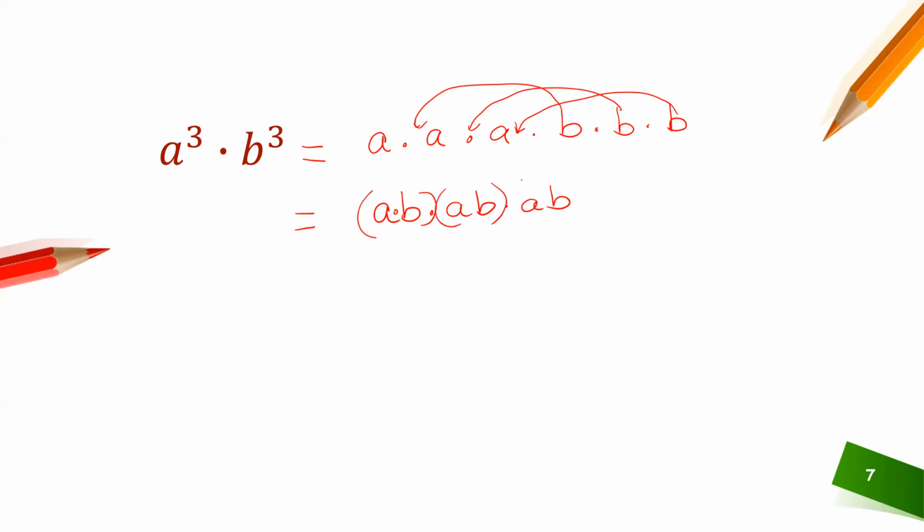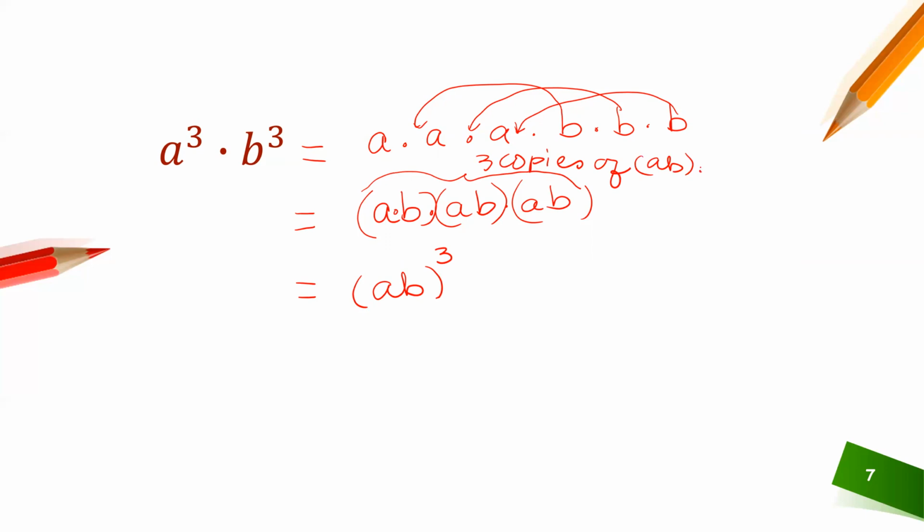I have now 3 copies of ab, a times b, being multiplied to each other. By the definition of exponent, ab is my base, and my exponent is 3 because I have 3 copies of ab.